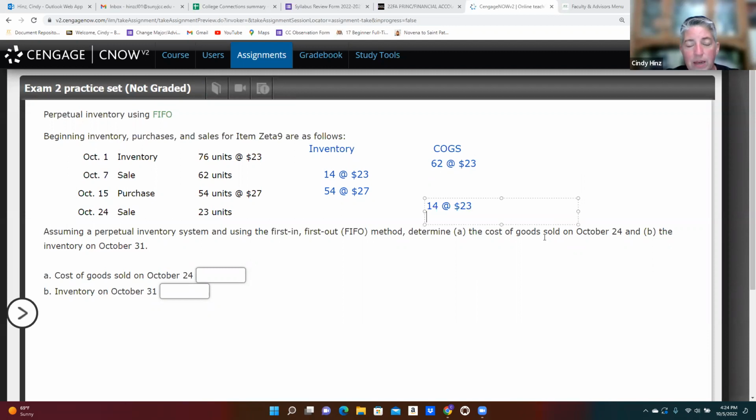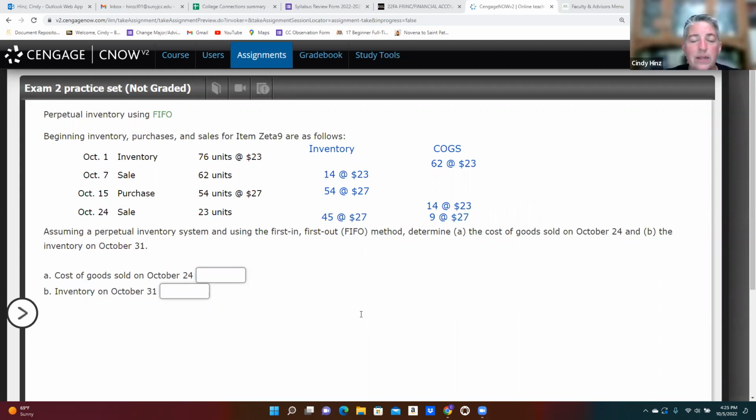And then we needed 9 more, and those would be from the more expensive $27 ones. And if we sold 9 out of the 54, we have 45 left at $27.